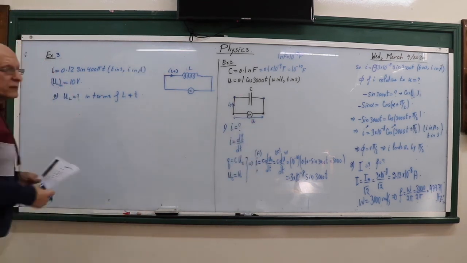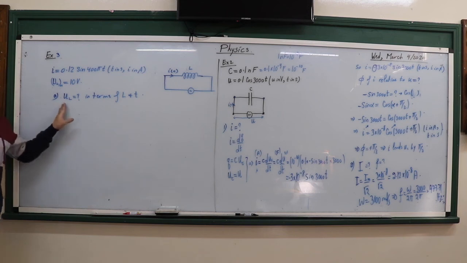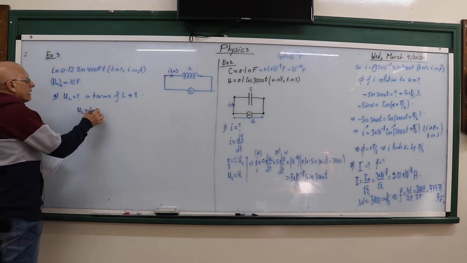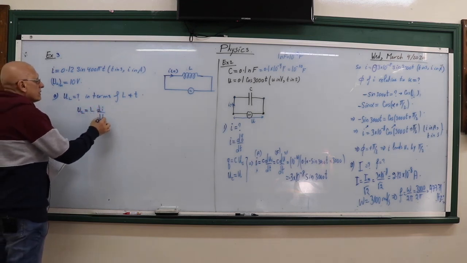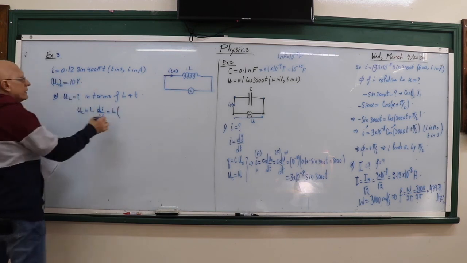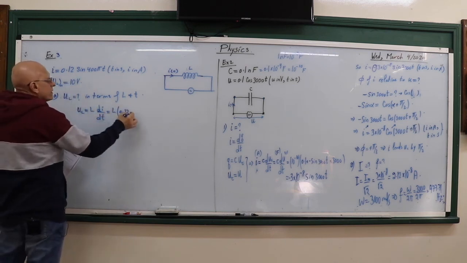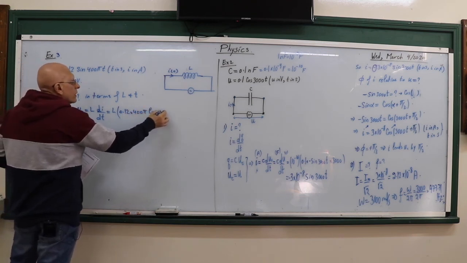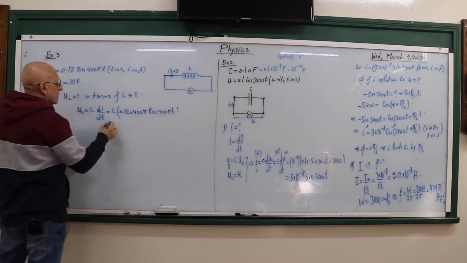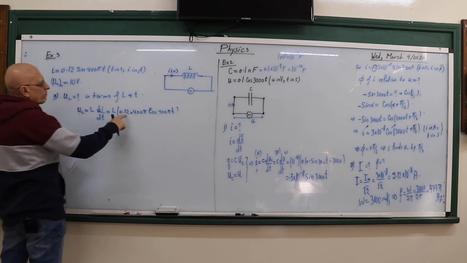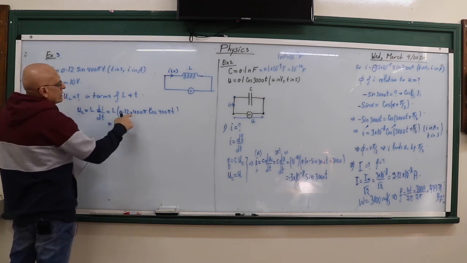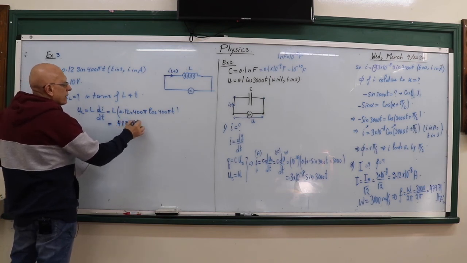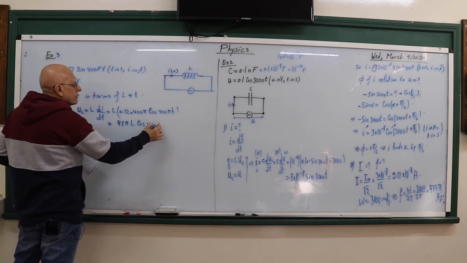Working theoretically means that I want a formula, and since this is a pure inductive coil, I will write L di over dt, which gives L times 0.12 times 400 pi cosine 400 pi t. So you get 48 pi L cosine 400 pi t.